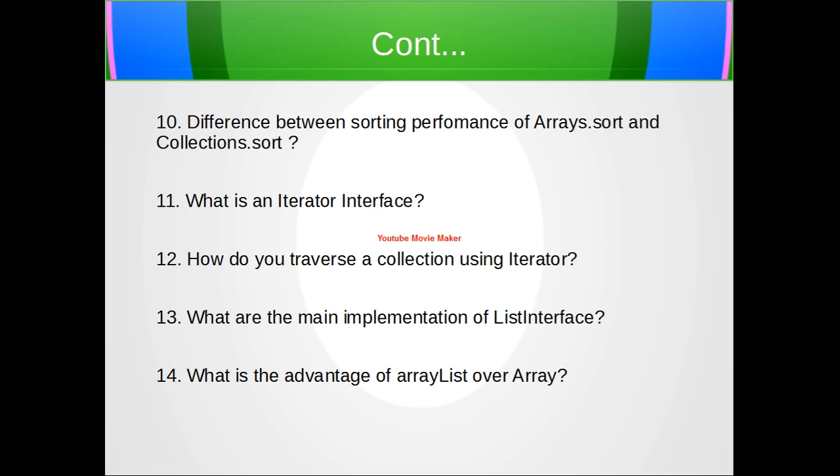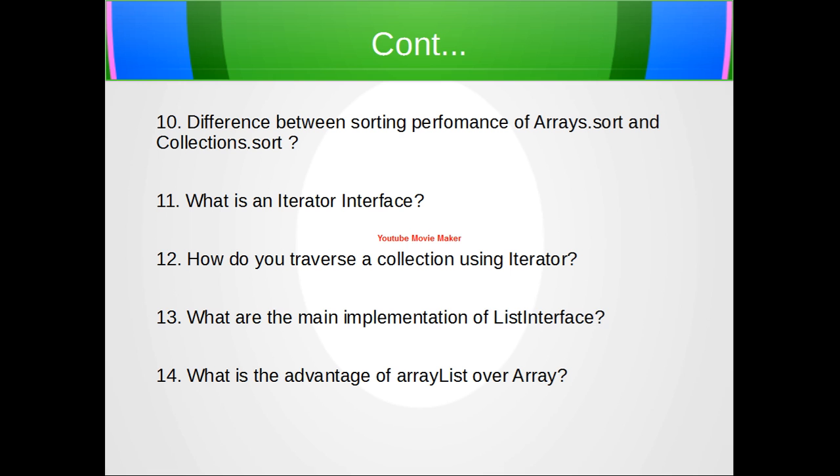So the next question is, what is the difference between the sorting performance of Arrays.sort and Collections.sort? This is a very rarely asked question, but still we'll go over it. Many developers are concerned about the performance difference between the java.util.Arrays.sort and java.util.Collections.sort methods.